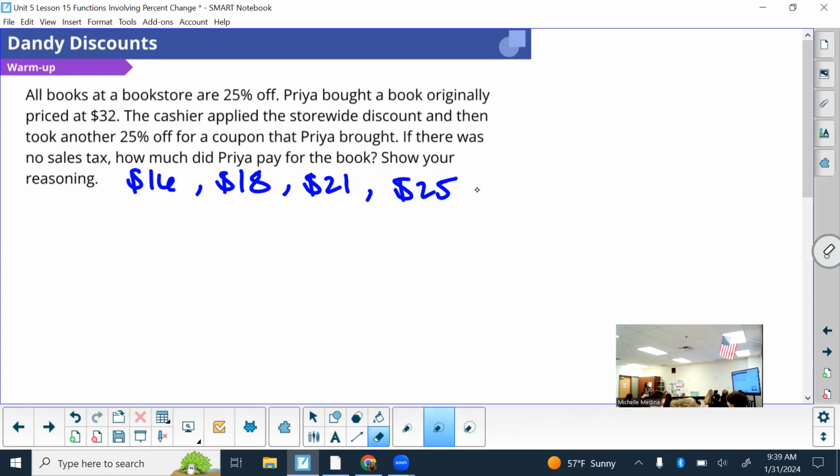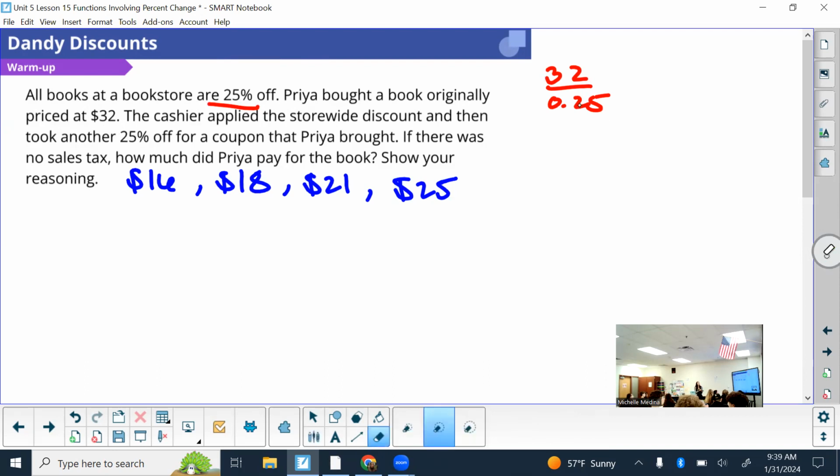First, let's consider, and there's lots of ways you can do it, we are applying the store-wide discount of 25% off. How can I figure out what 25% off of 32 is? If I divide by 0.25, the number will get bigger.